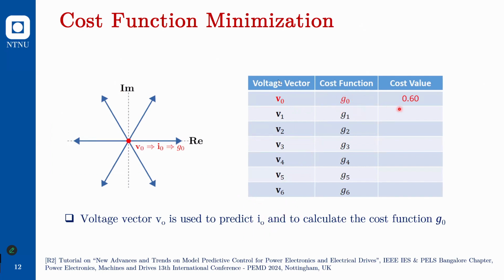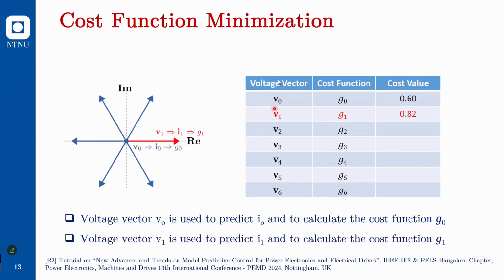That has resulted in a cost function value of 0.6. I actually took this example from the reference mentioned here. Similarly, if we use the vector V1 to predict the current I1, that will result in the cost function G1 being 0.82.